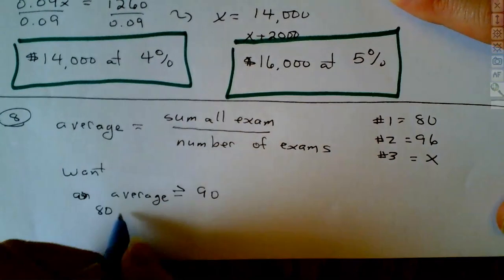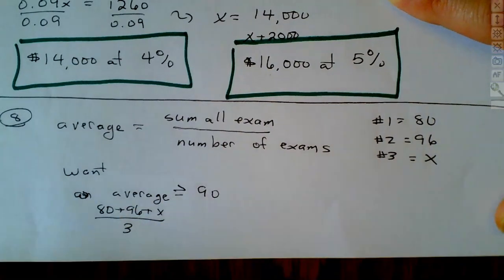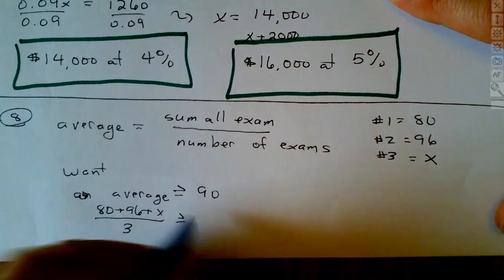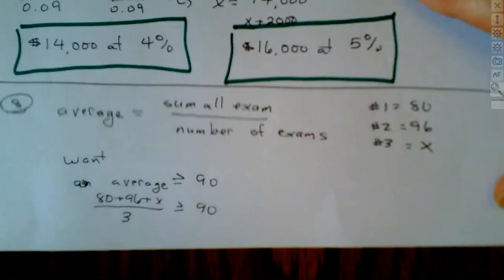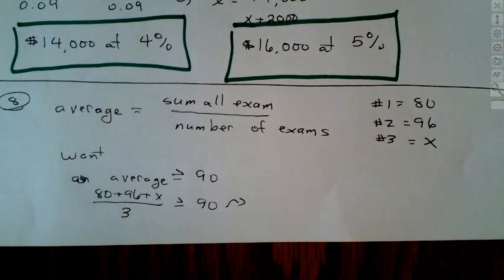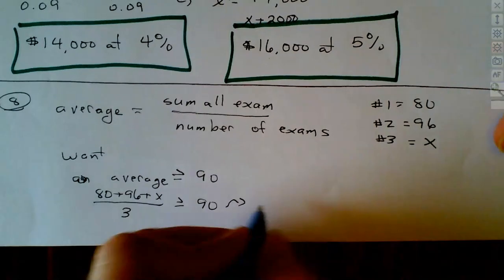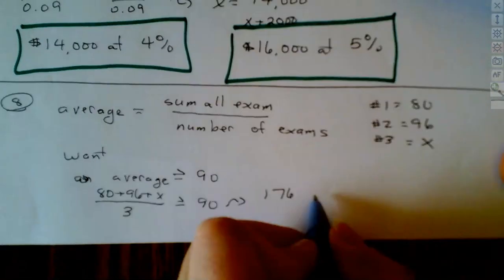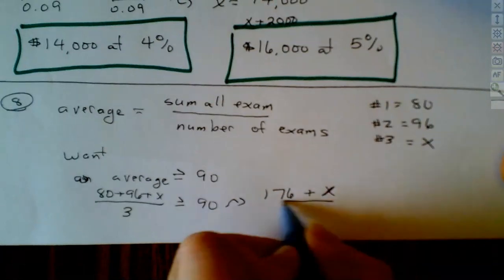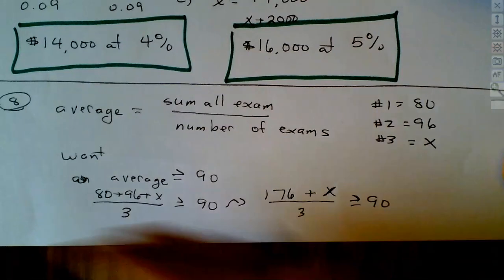So 80 plus 96 plus x, and we're going to divide that by 3 because we have 3 exams total, and that's going to be greater than or equal to 90. So we'll go ahead and add that 80 and that 96 together, and that gives you 176 plus x over 3 is greater than or equal to 90 again.